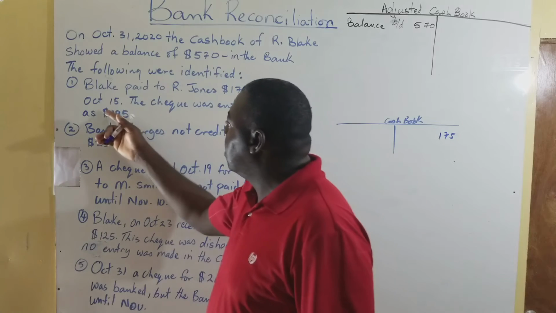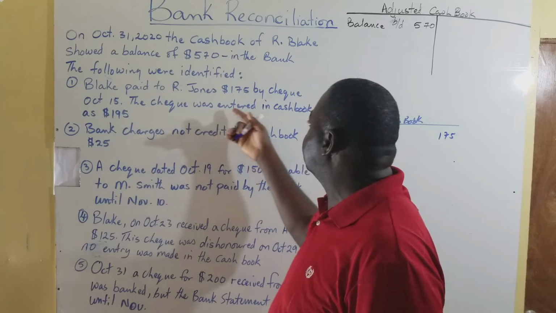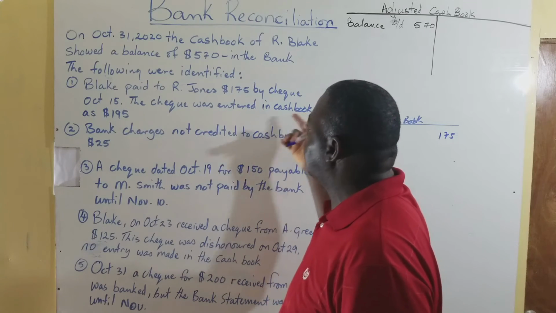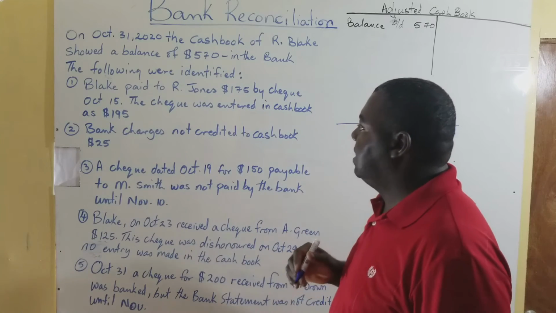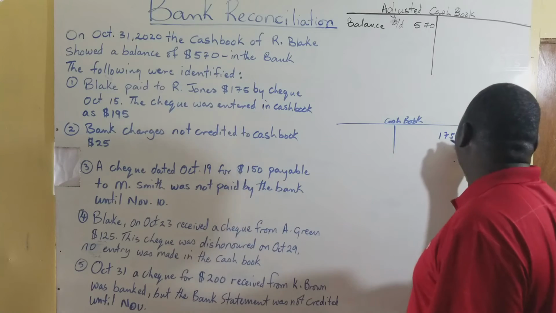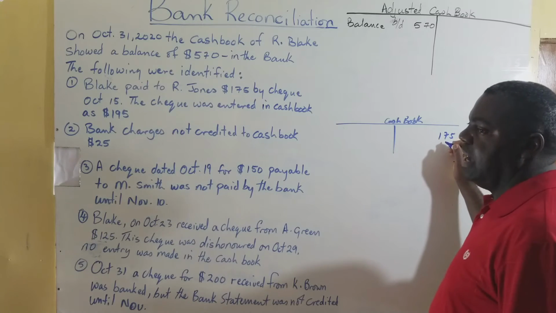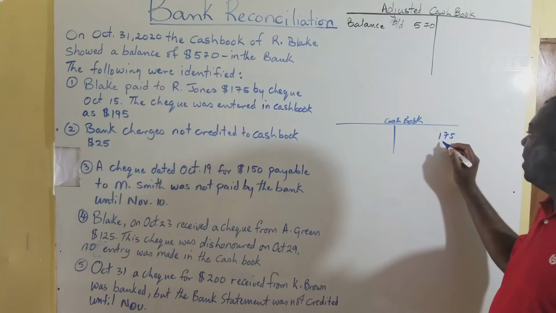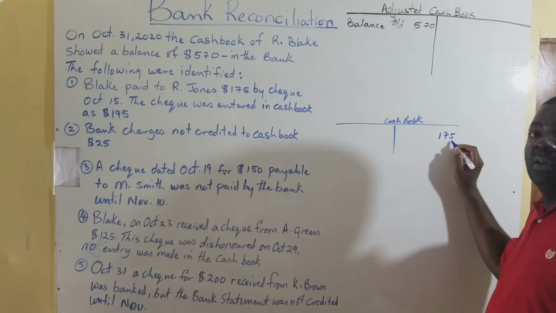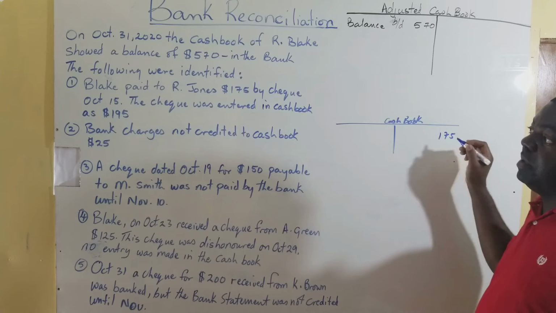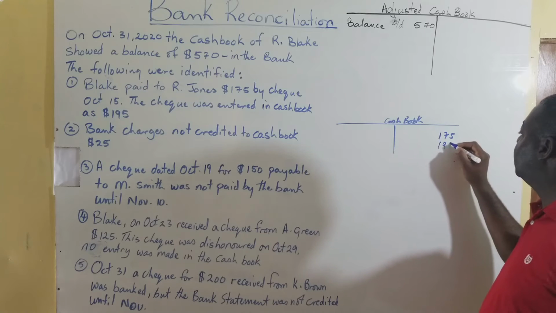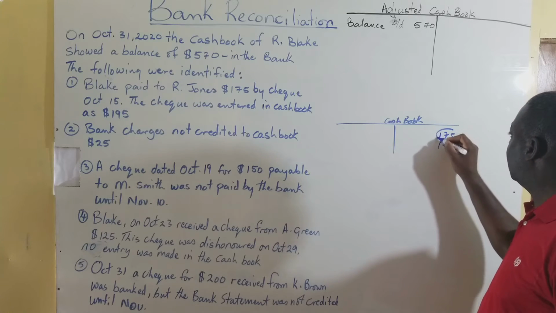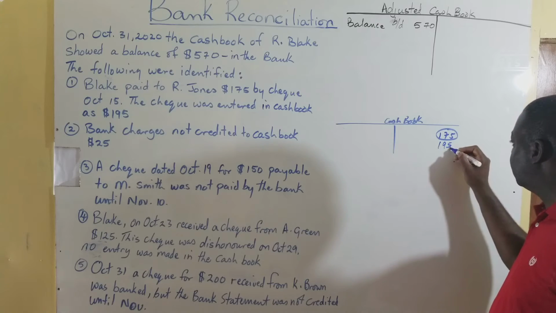But what occurred is that they said the check was entered in the cash book as $195. So instead of writing 175, the accountant seemed to make an error and wrote 195. So this is what should have been there, but this is what was recorded.